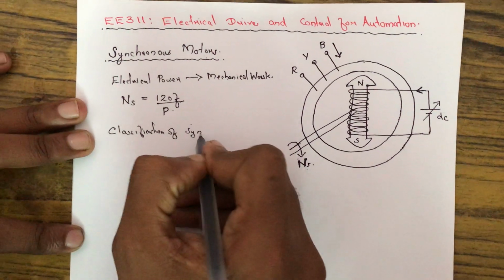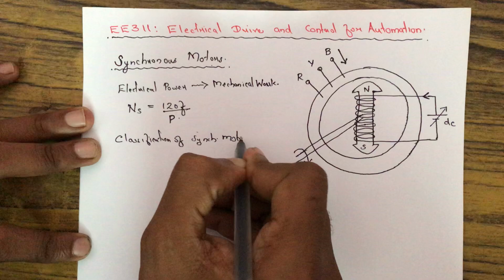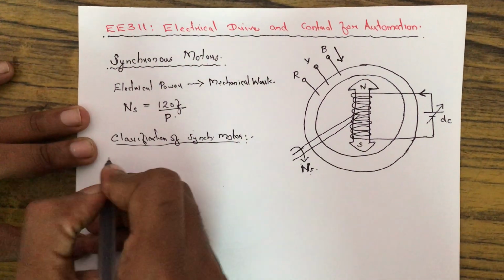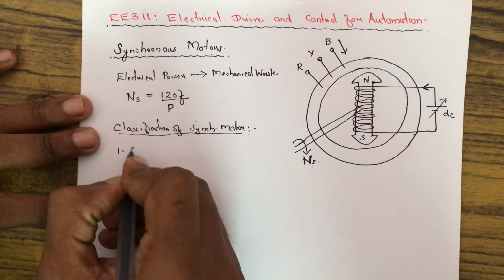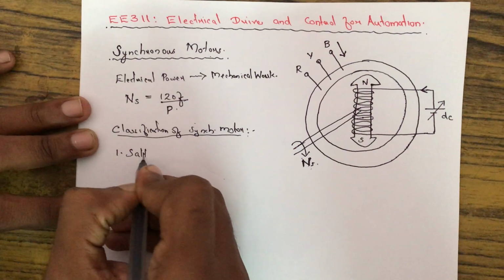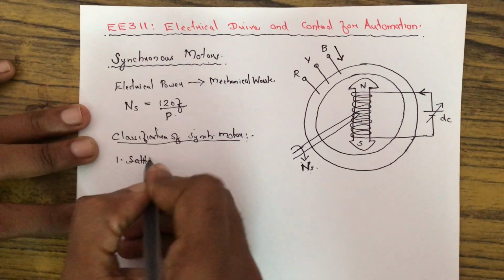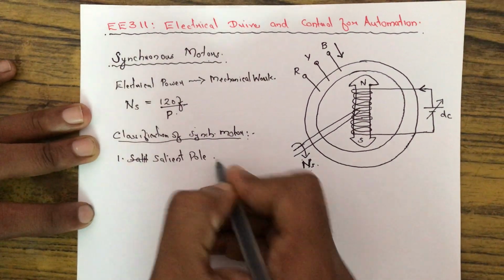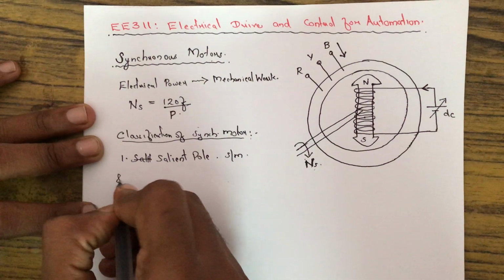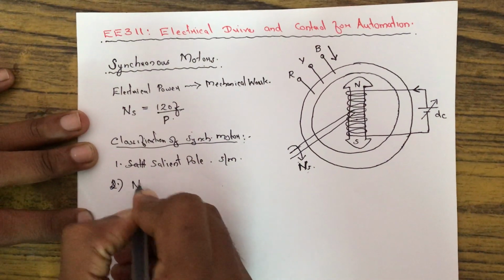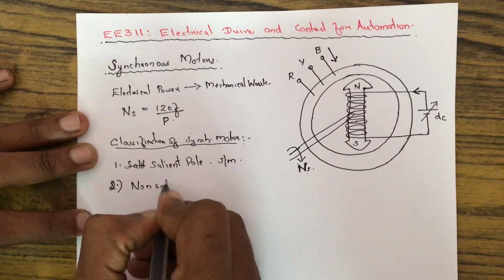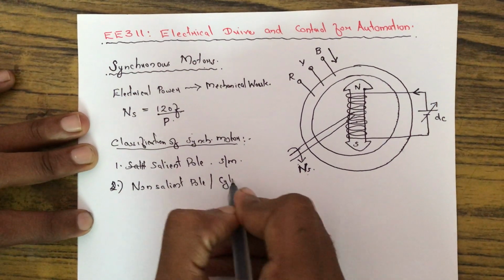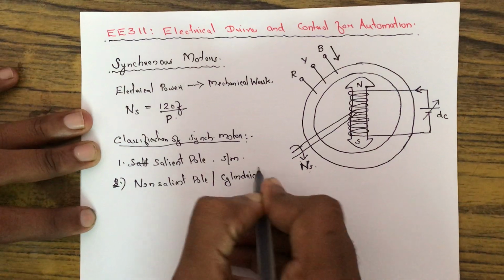According to the type of rotor used, the synchronous motor can be classified into salient pole synchronous motor and second one is non-salient pole or cylindrical pole.